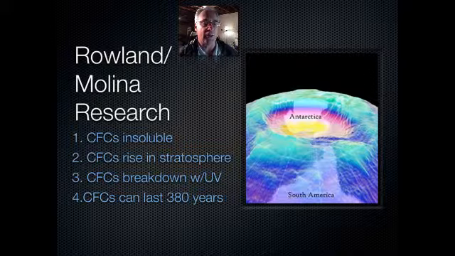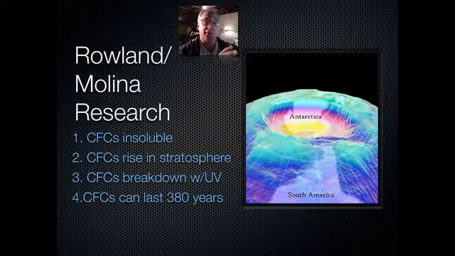So the first thing that they found was CFCs are insoluble in water, which essentially said that if it's insoluble in water, then it's going to be able to remain in the troposphere. In other words, it's going to remain in the areas that we inhabit. And so it didn't break down all that well.